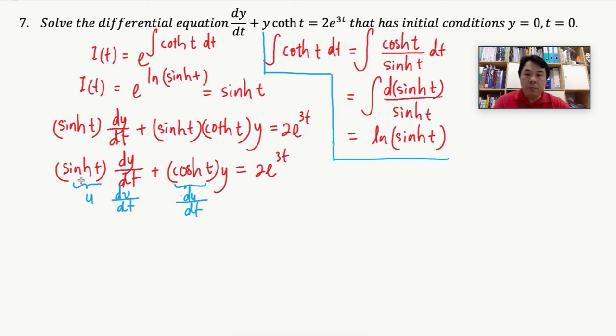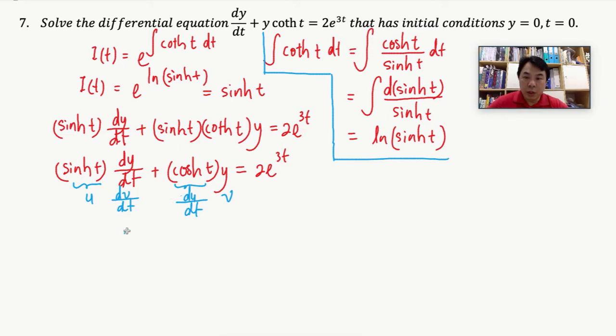If you differentiate sinh, we will get cosh t, whereby this will be our v. So dv/dt is actually dy/dt, right? That will be quite obvious in this case. So just make sure that you recognize the terms u and v.